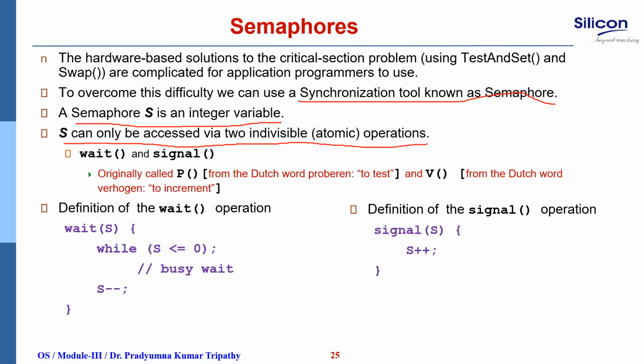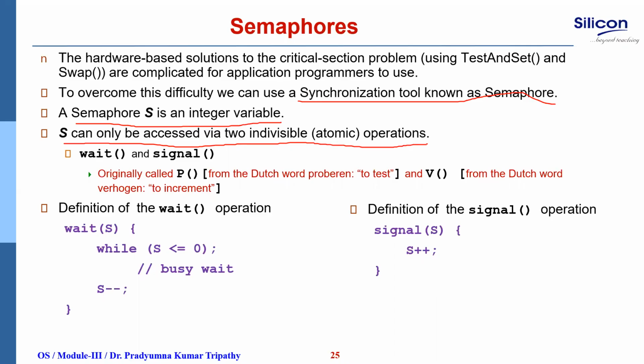Now, these two operations are called wait and signal. I repeat it again. A semaphore is an integer variable, and with that integer variable, two operations can be performed. One is wait, the second is signal. The wait is also called P, and signal is also called V. These P and V operations are atomic in nature.